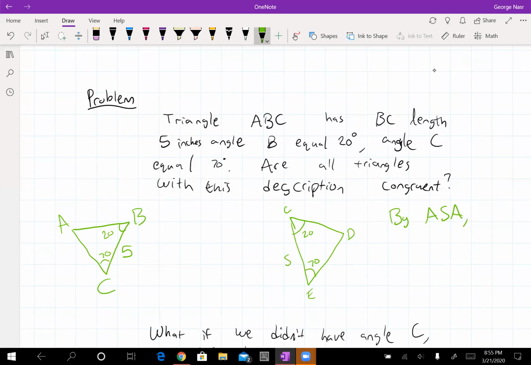By angle, side, angle, all triangles with this specification are congruent. Okay? Again, we're just using the fact that if you have an angle, a side, and an angle, that determines the shape of the triangle, they're all congruent by ASA.